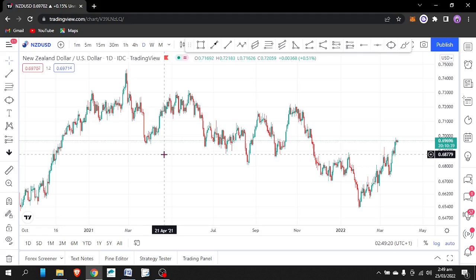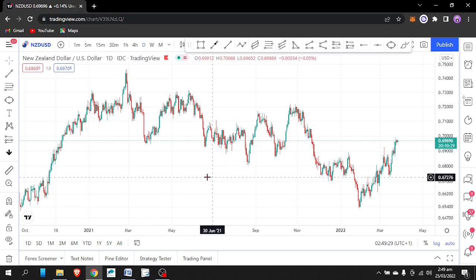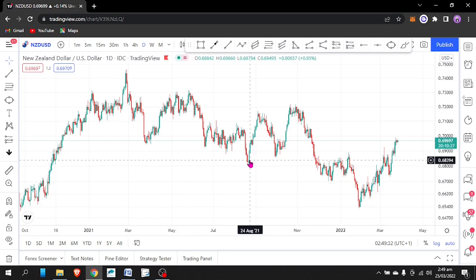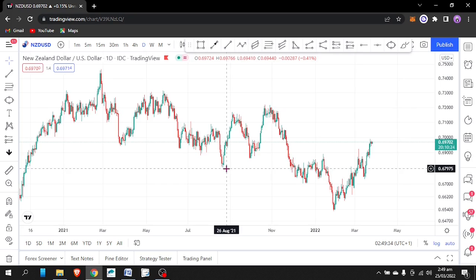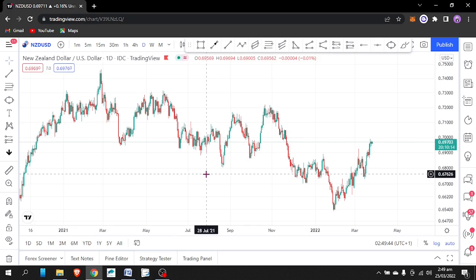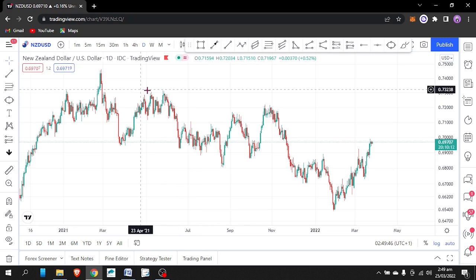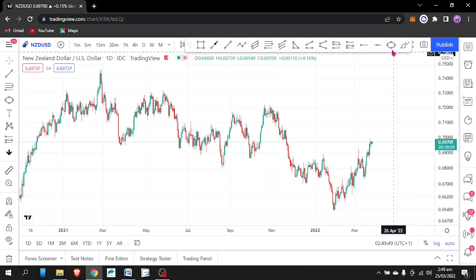Now, this is the New Zealand USD currency pair, as you can see here, and we are on the daily time frame. I want to use this chart to properly explain how to find your support and resistance, how to draw them, and how significant they can be. Now, the first thing you should do is try to identify zones where you've noticed that price reversed a couple of times.